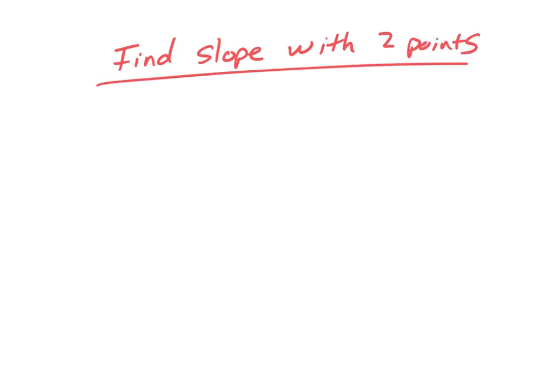Lots of different ways to find slope. We can find slope with 2 points. If I'm going to find slope with 2 points, we're going to use the formula.